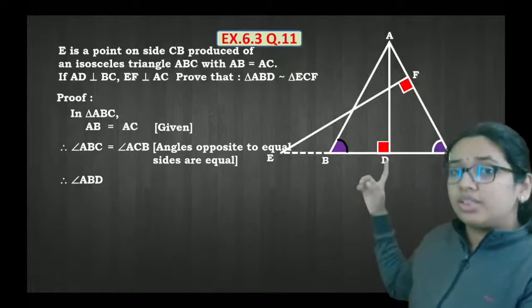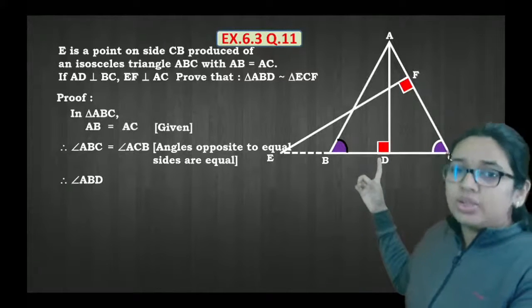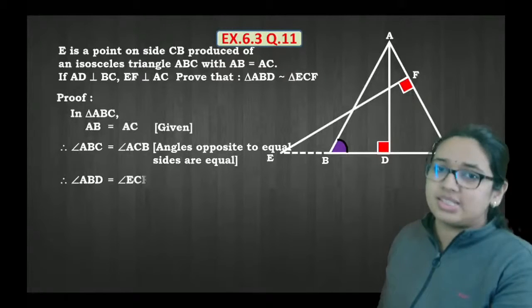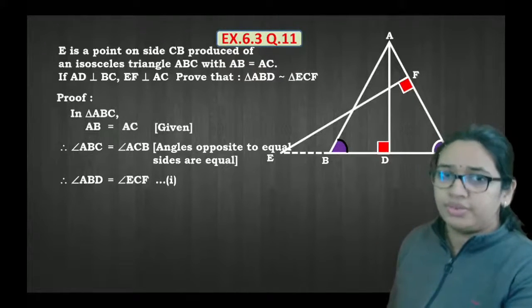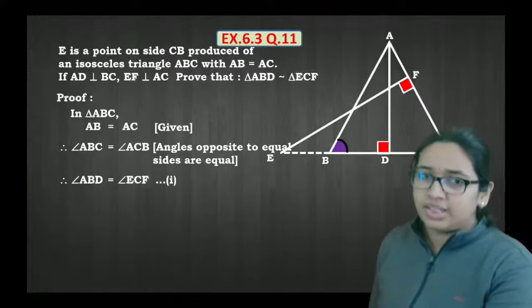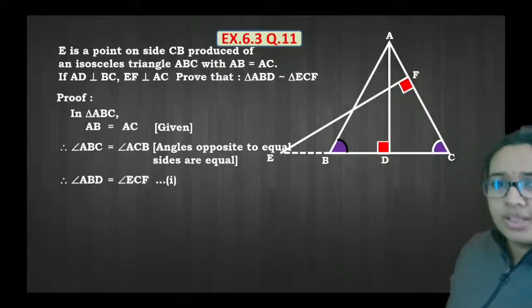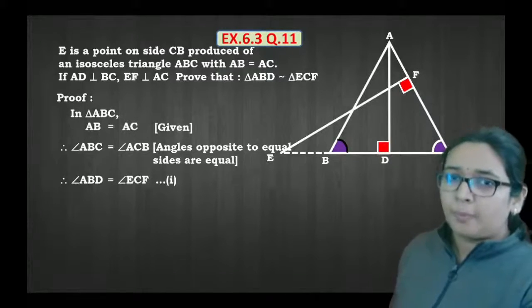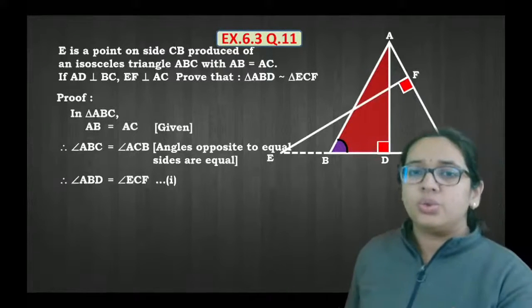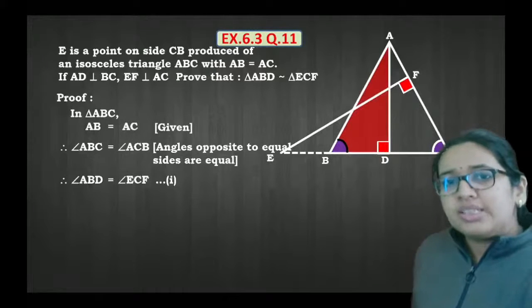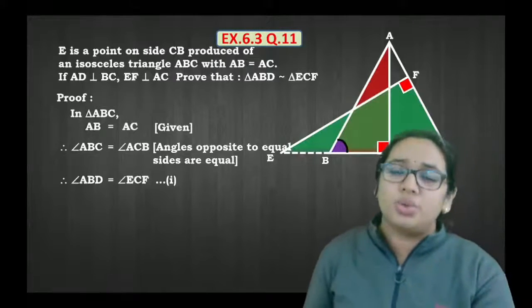Now we use the right angle. So ABD is similar to ECF. Correct? Getting this one? समझ में आ रहा है? Good. Now AD perpendicular to BC, EF perpendicular to AC.